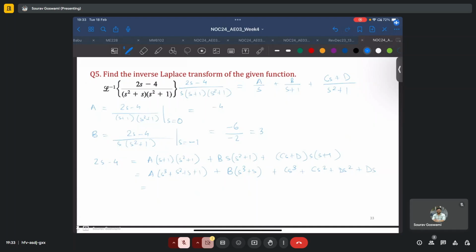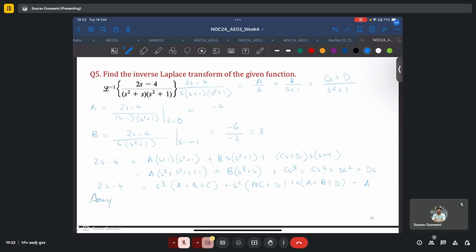And if we group these terms, we'll have s cube times (a plus b plus c) plus s square times (a plus c plus d) plus s times (a plus b plus d) plus a. And the LHS is 2s minus 4.